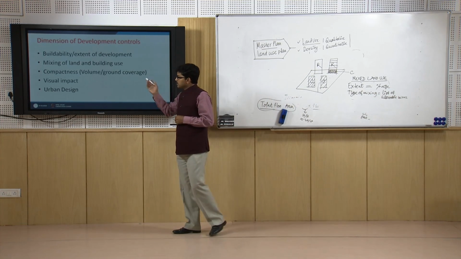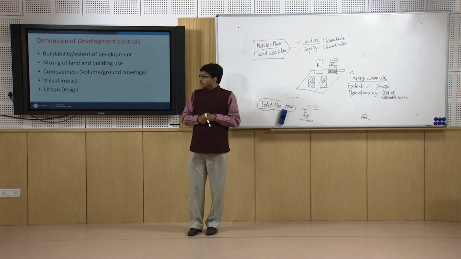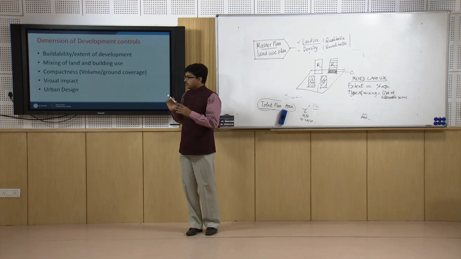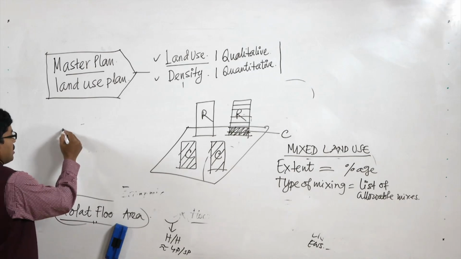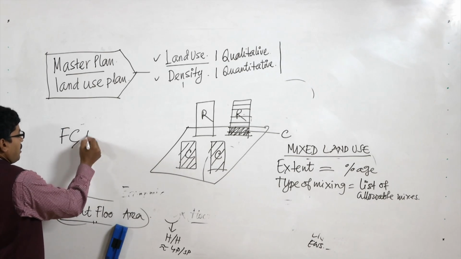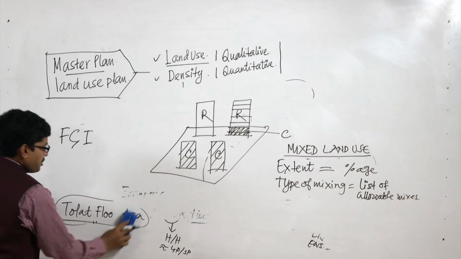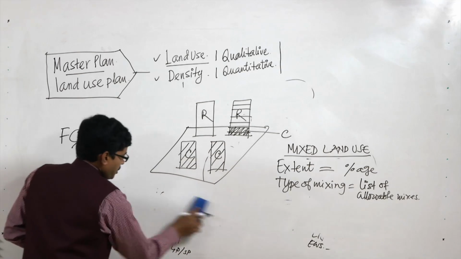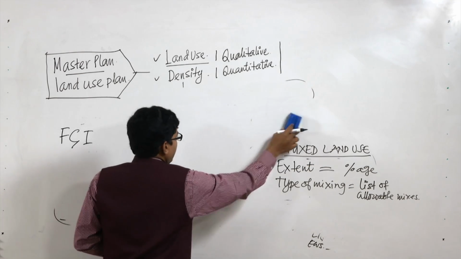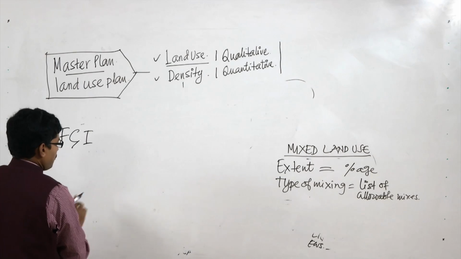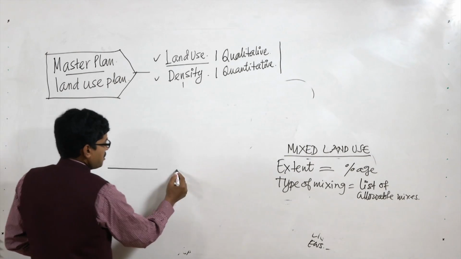The third part is the compactness, which is the relation between the volume and the ground coverage. Now, we discussed the FSI. Think about a situation where the same FSI, or the same floor area, can be distributed over, for example, one plot and another plot.